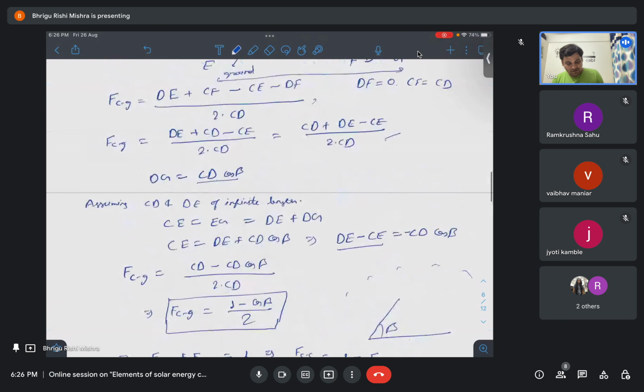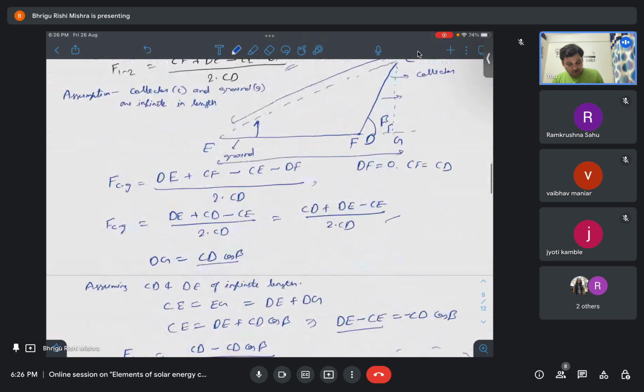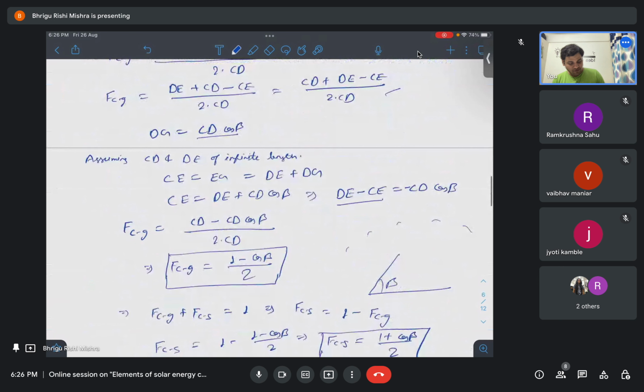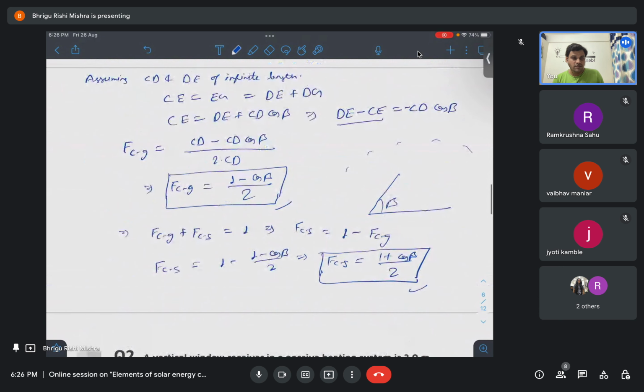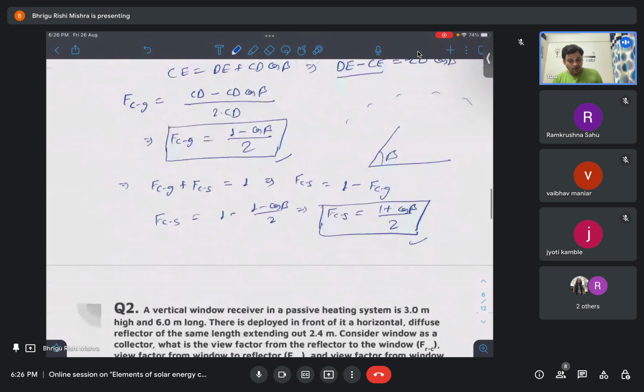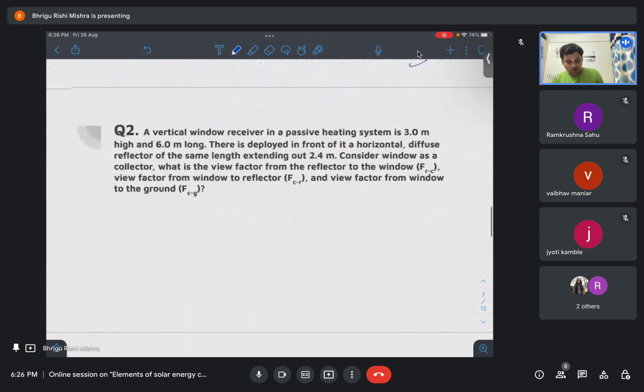In this way we have derived the formula for the view factor from collector to ground as well as from collector to sky, which are 1 minus cos beta by 2 and 1 plus cos beta by 2. So any question here? Okay, if not, I'll move to another problem.